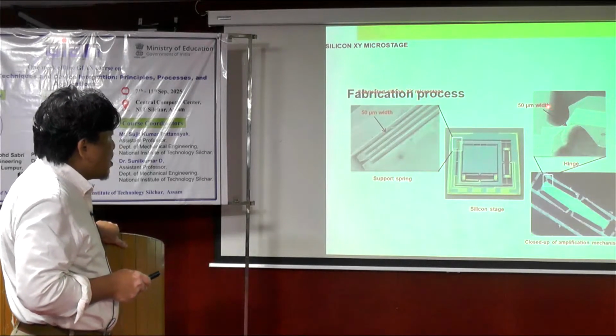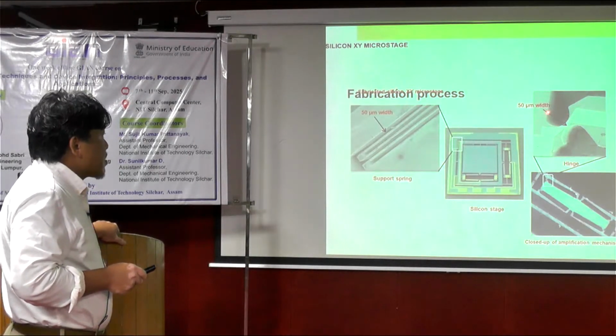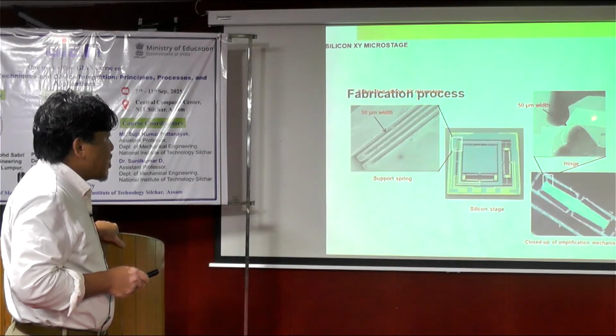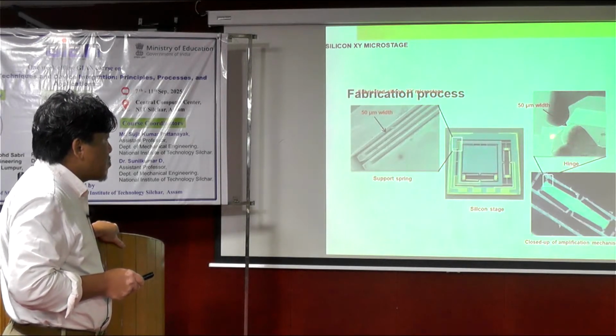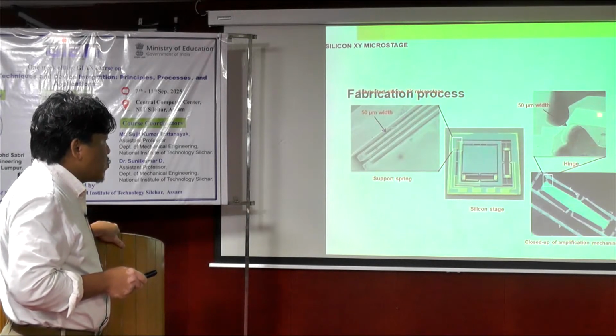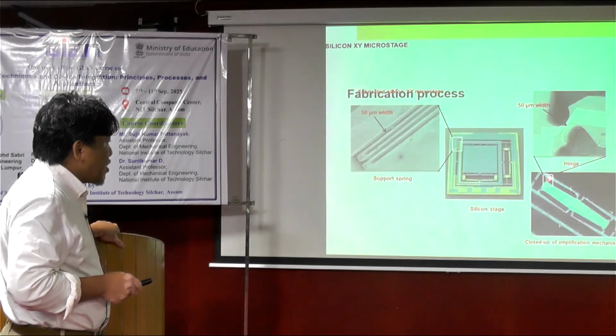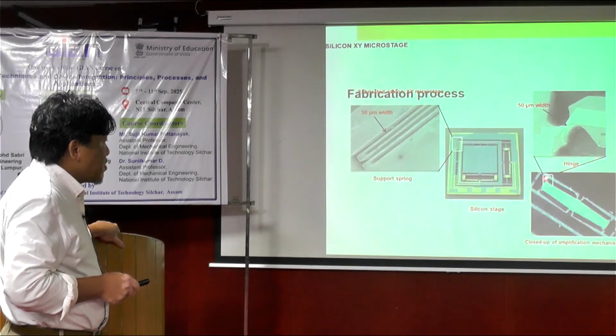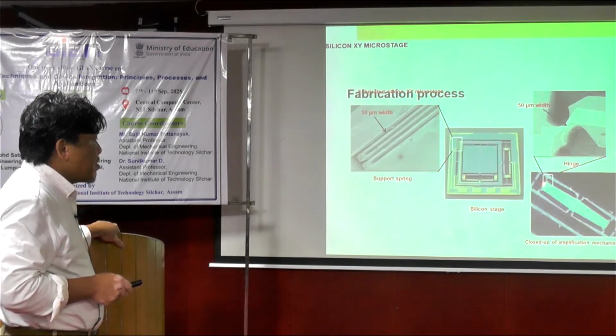And this is the hinge, where you can see the electrical circuitry, the chrome gold, pass through this small, narrow area of the hinge to go to this part of the actuator in order to supply the current to the actuator later on.